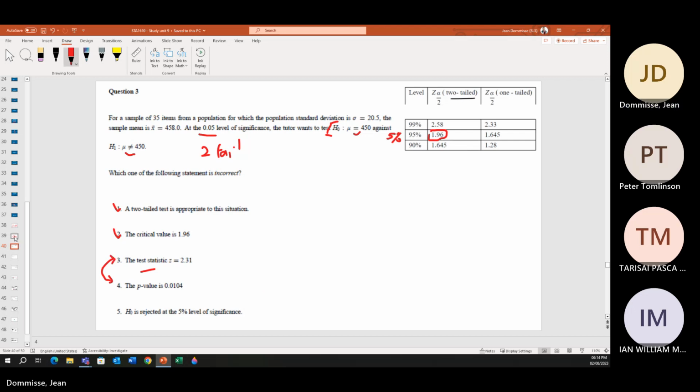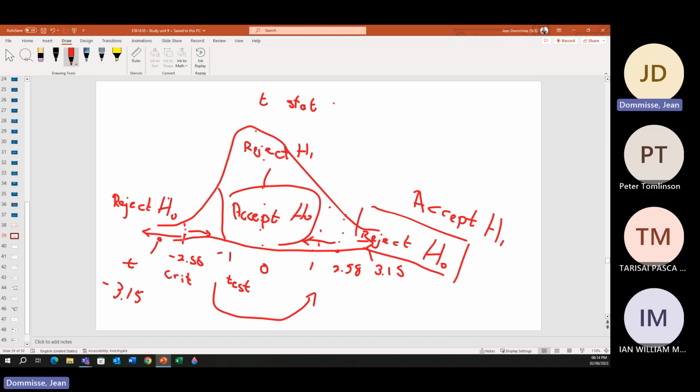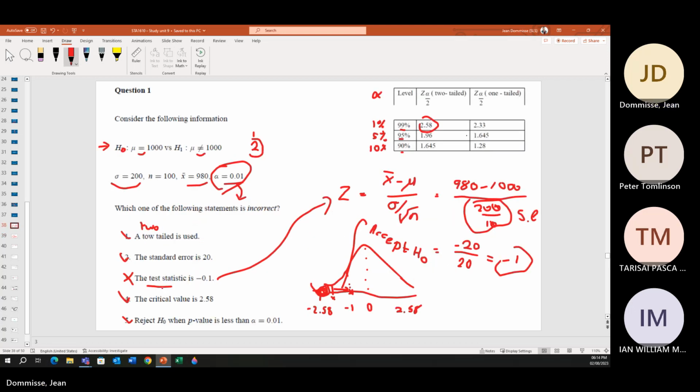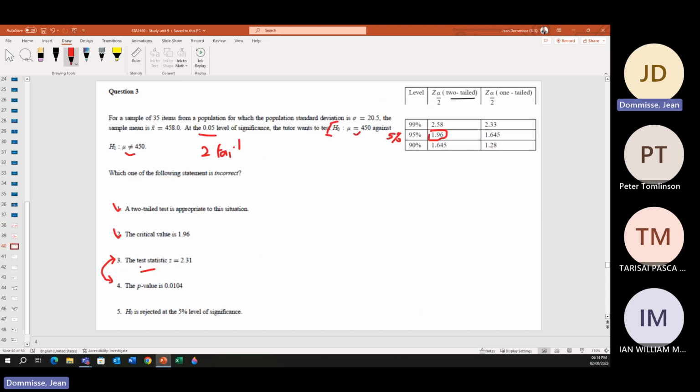Because again, if you look at that t-stat, we could have worked out the p-value linked to it as well. So we will see how that links to the t-stat, and then we need to decide if we reject or not.